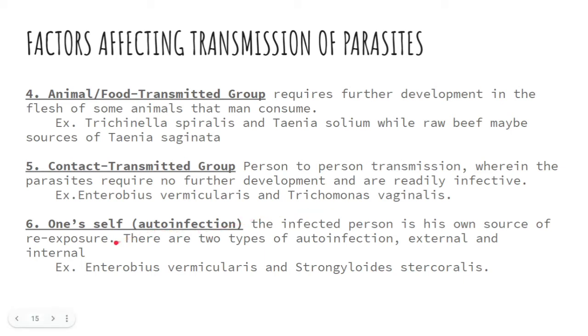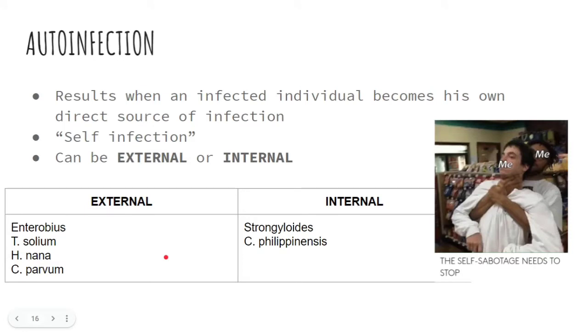And also, ito self-sabotage to, yung oneself or auto-infection. The infected person is his own source of re-exposure. There are two types of auto-infection which can be either external or internal. So, sige, bigay tayo ng auto-infection examples. Auto-infection results when an infected individual becomes his own direct source of infection.